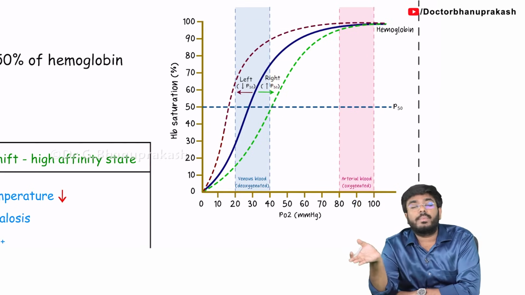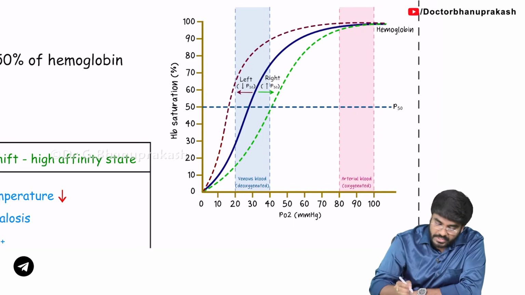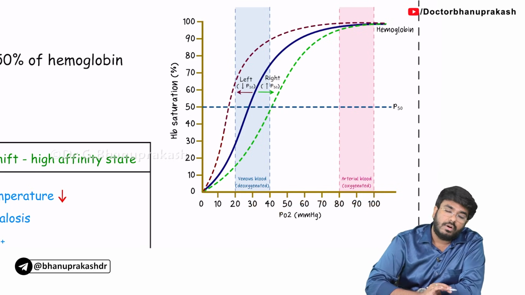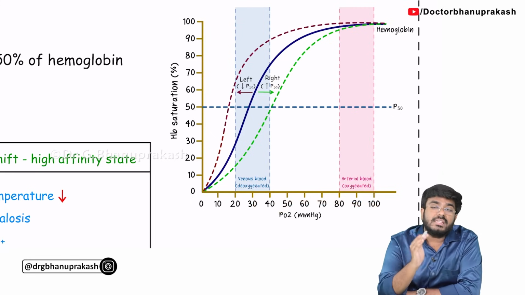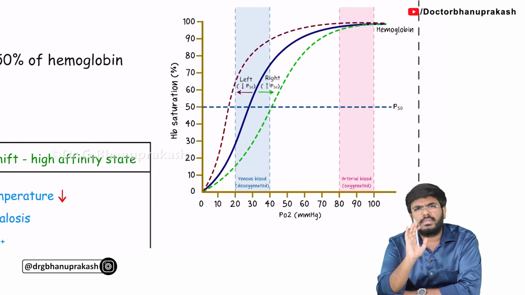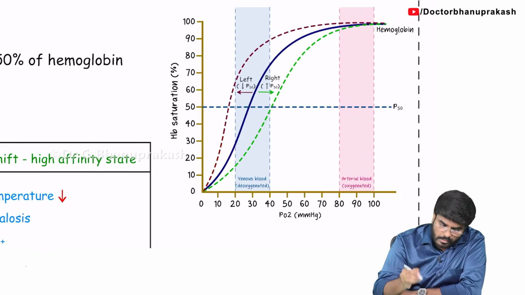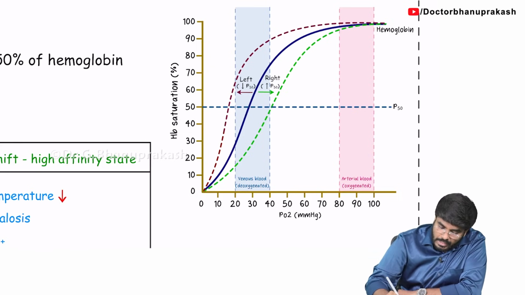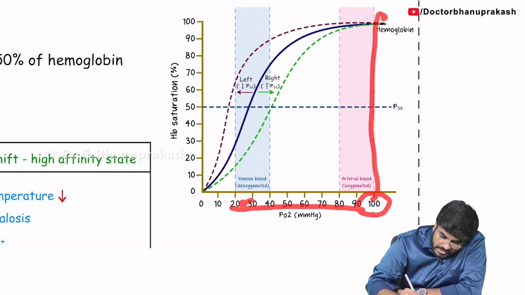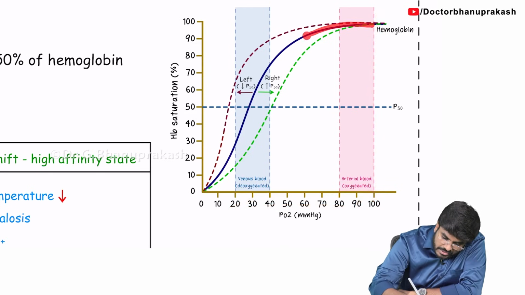So higher the partial pressure, higher the saturation. When you decrease the partial pressure from 100 to 40, hemoglobin is getting desaturated, from 100 to 75% saturated. You all know this. So in this curve, higher the partial pressure, higher the saturation. When you are decreasing the partial pressure, the saturation is also decreasing.